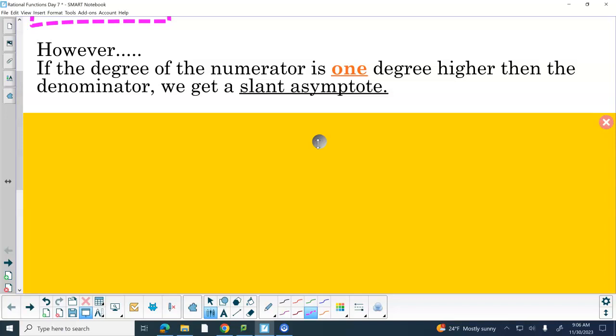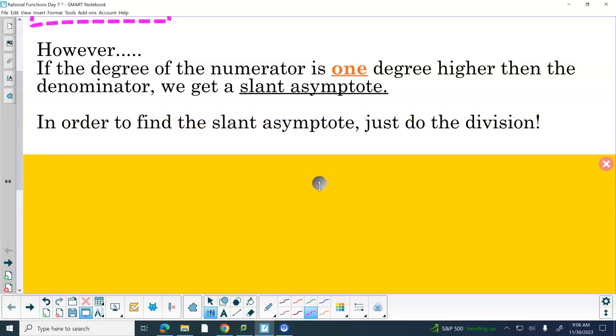If it's 2 bigger, we have a quadratic asymptote. So we'd actually have a parabola that's an asymptote. If it's 3 bigger, we'd have a cubic style asymptote, and so on and so forth. But we're only going to focus in this class on 1 degree bigger, because if it's 2 degrees bigger, then it's all crazy. Okay? So how do we go about finding said slant asymptote?